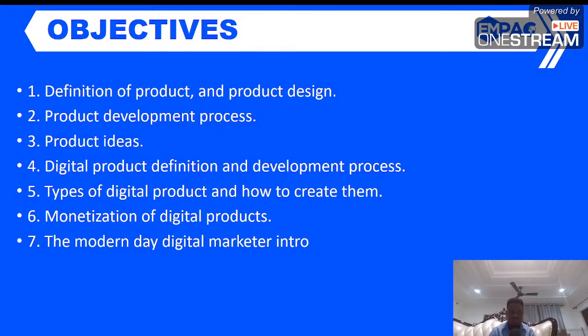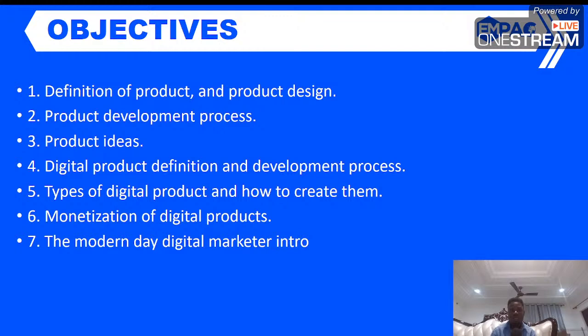Then the sixth objective is to look at monetization of digital products, how we can make money from digital products. Then we look at the modern day digital marketer, an introduction to the modern day digital marketer. So what is this whole modern day digital marketer all about?